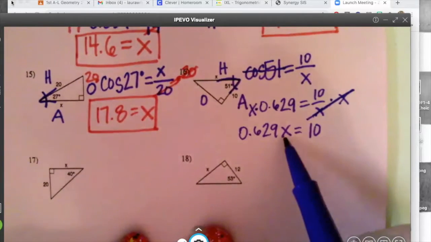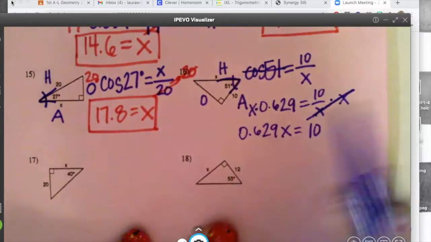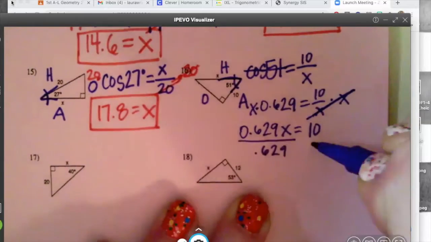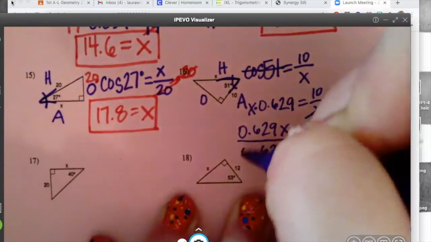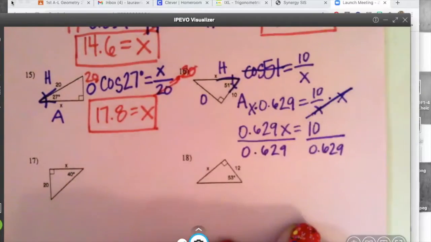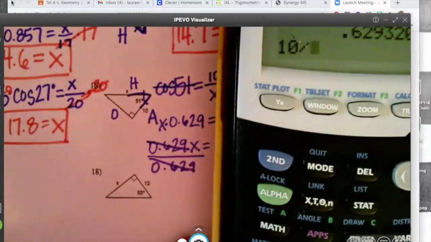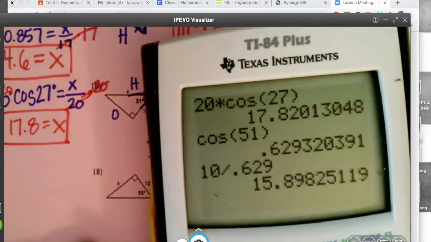We're going to take this x and we need to undo times 0.629. So I'm going to divide by 0.629 and I've got to repeat it on the other side. So you're going to type in 10 divided by 0.629 because those are going to cancel. So 10 divided by 0.629 and it's 15.9.